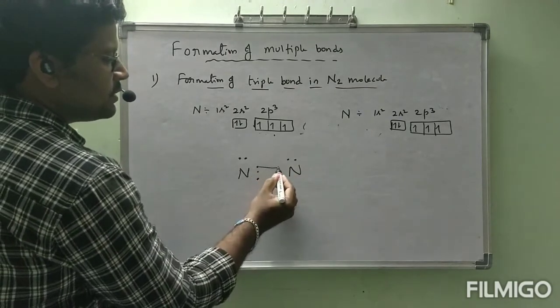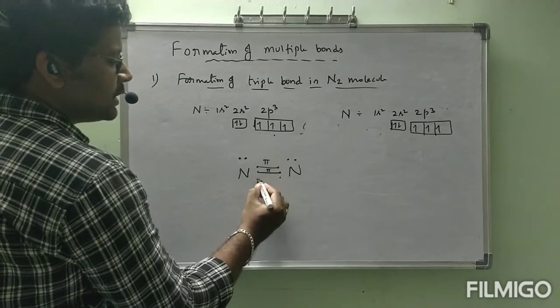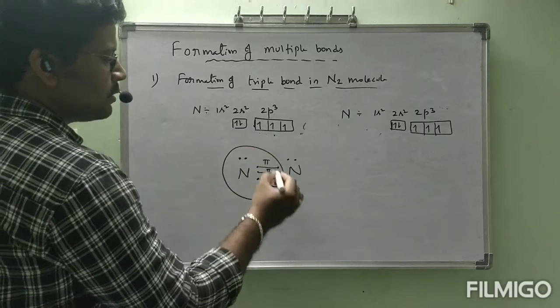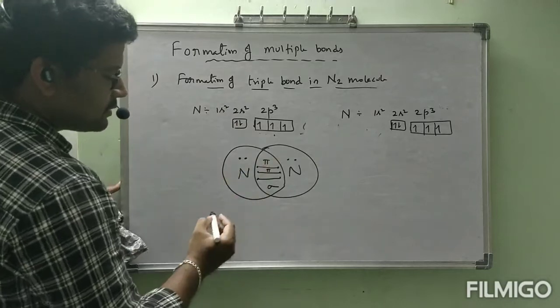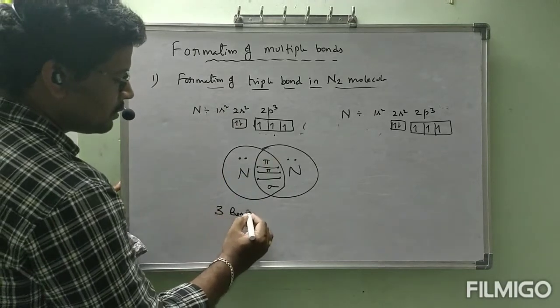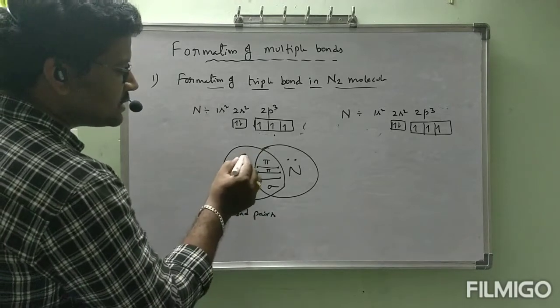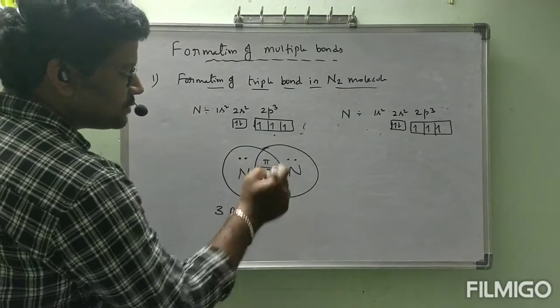This electron is involved in pi bond. These 2 electrons will be involved in pi bond. This is involved in sigma bond. Okay. Totally 3 bond pairs are there. 2 lone pairs. This is not involved in bond. This is nitrogen lone pair. This is nitrogen lone pair.